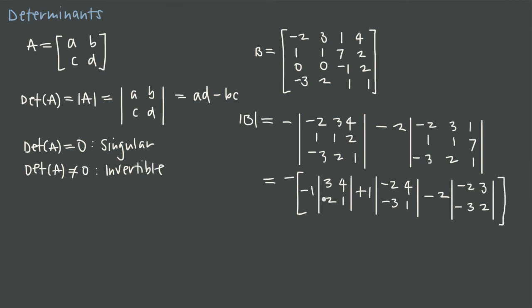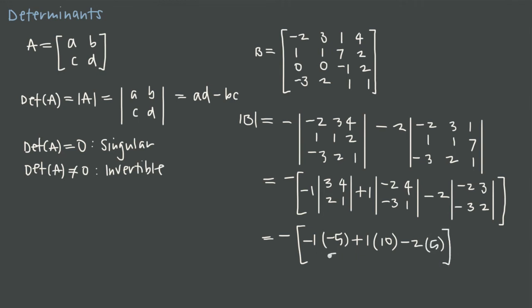So let's just go ahead and simplify all of this first before tackling this second one here. So I'm going to get negative, and then here, negative 1, and then 3 times 1 is 3, 4 times 2 is 8, 3 minus 8 is a negative 5, and then we'll say plus 1 times, negative 2 times 1 is a negative 2, 4 times 3 is a negative 12, negative 2 minus a negative 12 is negative 2 plus 12, or 10, and then minus 2, negative 2 times 2 is a negative 4, 3 times a negative 3 is a negative 9, negative 4 minus a negative 9 is negative 4 plus 9, or 5.